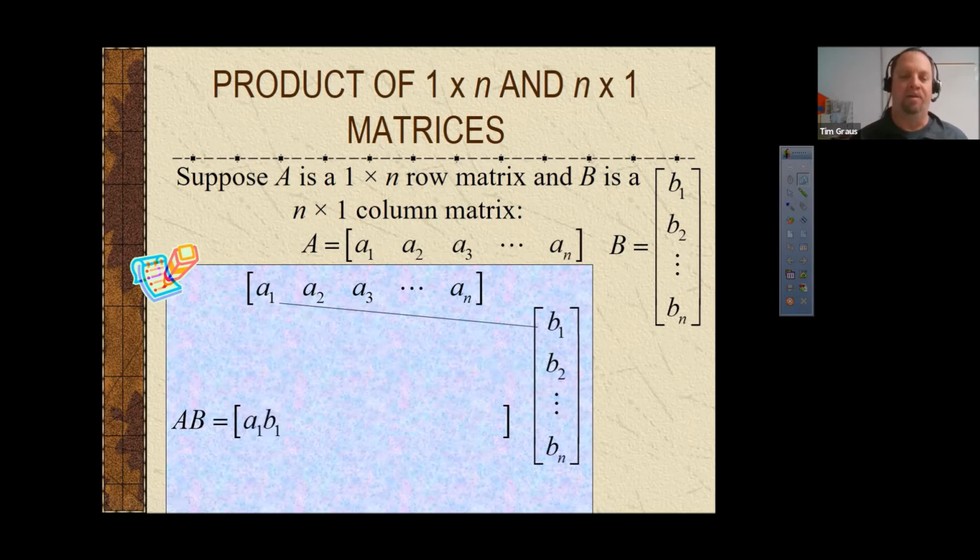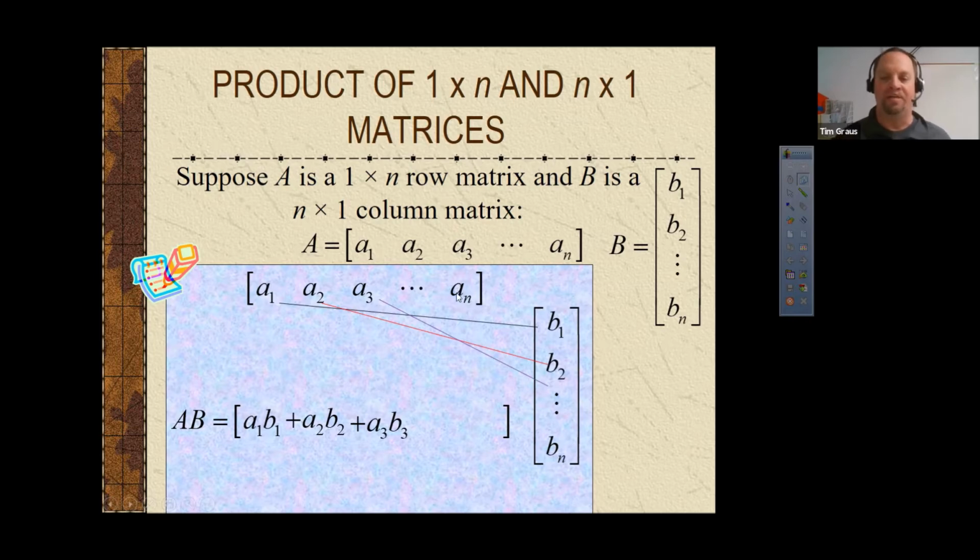A1 times B1 plus A2 times B2. Then move on to A3 times B3, and continue all the way until we get to the last element of the row times the last element of the column. You can see why the row length needs to be the same as the column length, because I don't want to run out of numbers in the row before I get to the end of the column.